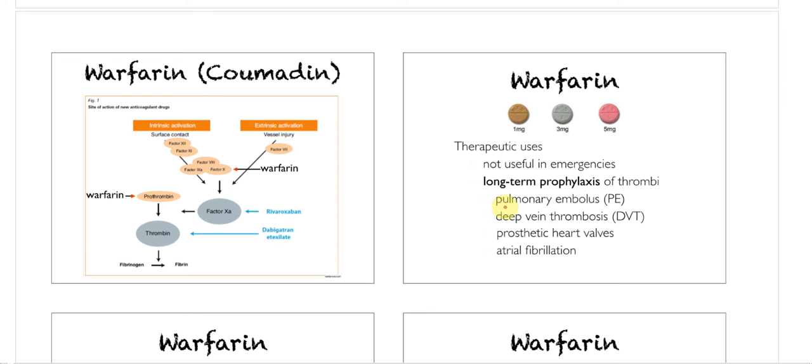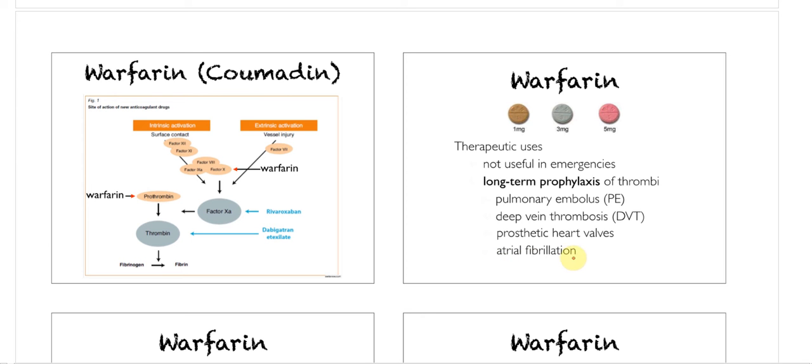So we're going to use it to prevent PEs or DVTs, and we're going to be using it prophylactically in patients who just had a prosthetic heart valve replacement, or they got a new prosthetic valve. These patients, along with atrial fibrillation patients, are at high risk of developing a clot because they have this new valve in their heart, which can promote turbulence until the body adapts to it.